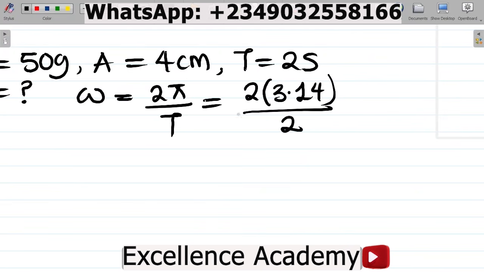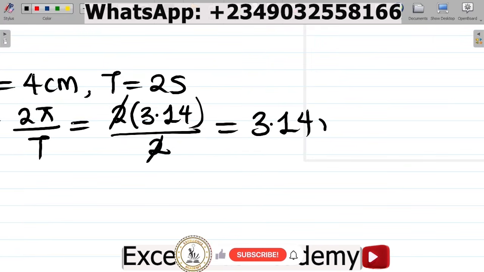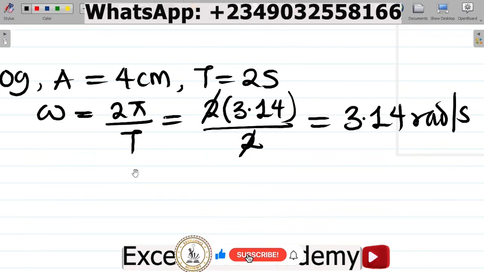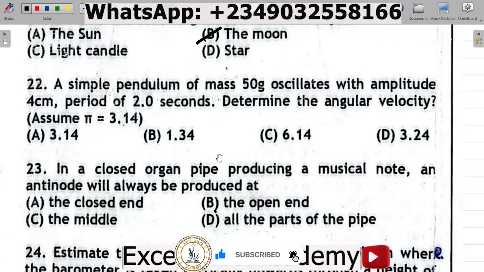From here, we can see that 2 can cancel 2, and you have your answer as 3.14. Your unit for angular velocity is rad per second. So you have 3.14 rad per second. So let's see which option has 3.14 rad per second. That's A, although the unit was not given, but your answer is A.